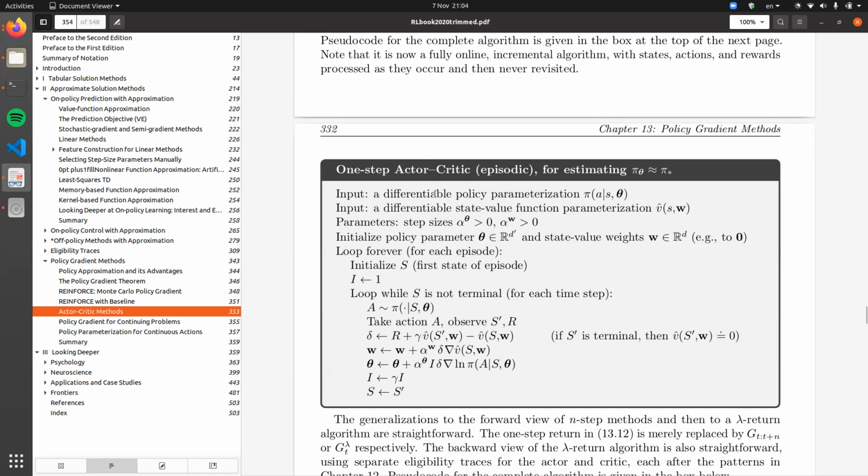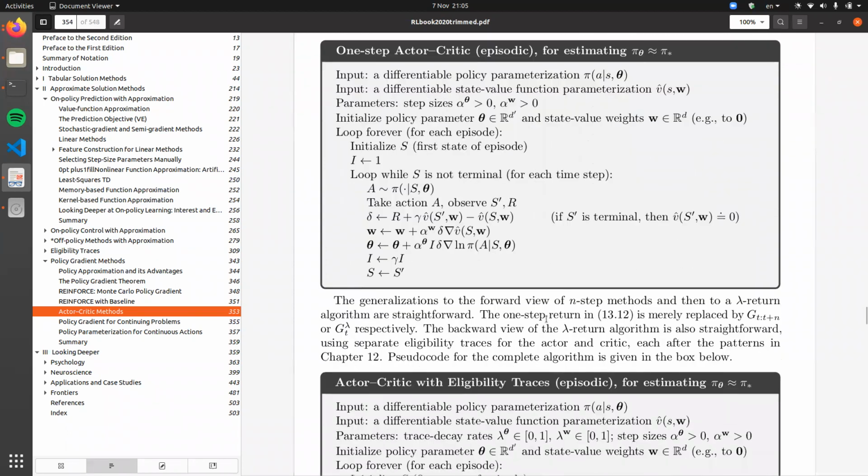Again, we have two differentiable functions here: a parameterized policy function parameterized by theta, and a state value function parameterized by W. We have two learning rate parameters for the two parameter vectors.